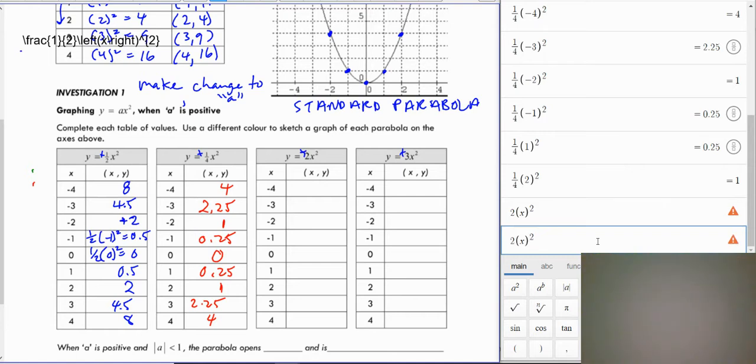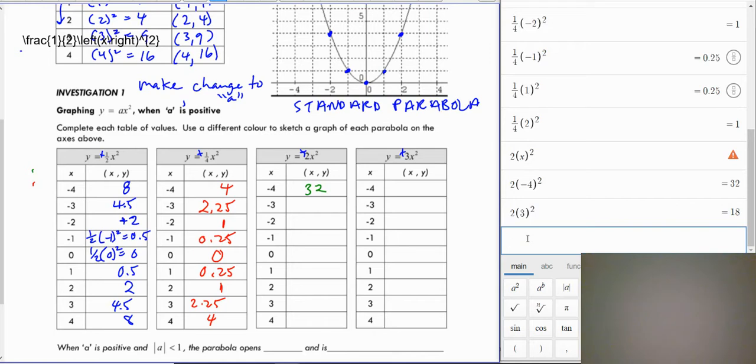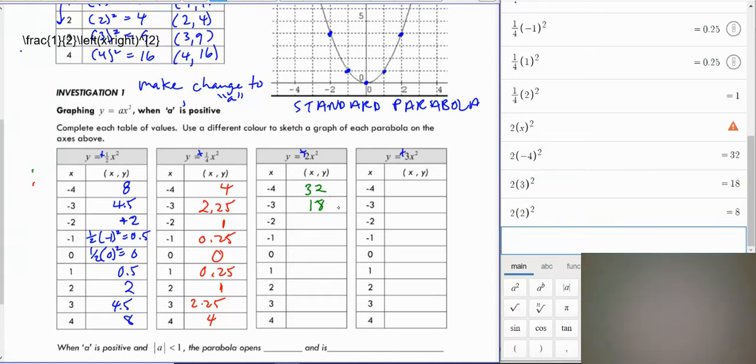And so let's start at the top. -4 is 32. Replace x with a 3. 18. Replace x with a 2. We get 8.